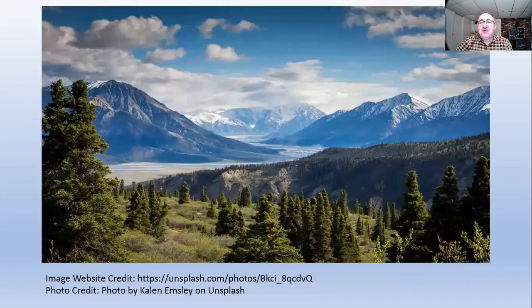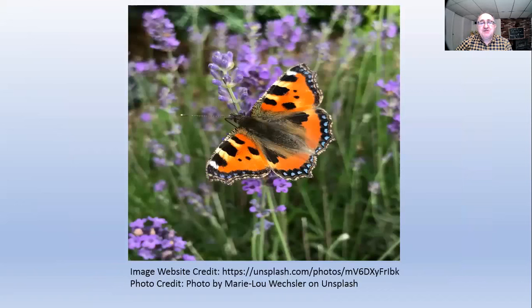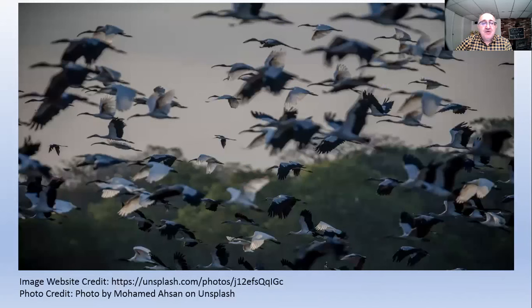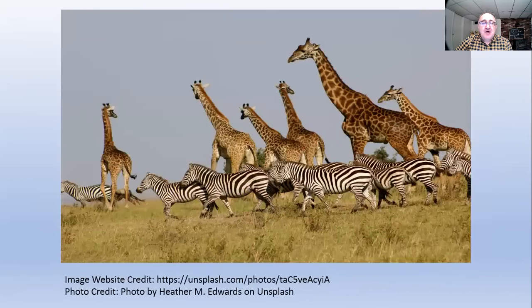We see this earth is teeming with life. We see that it has such varied landscapes, the landscape in front of us being of mountains and pine trees in the foreground, other species besides our own human species, of insects such as butterflies and birds, and other species, giraffes and zebras.